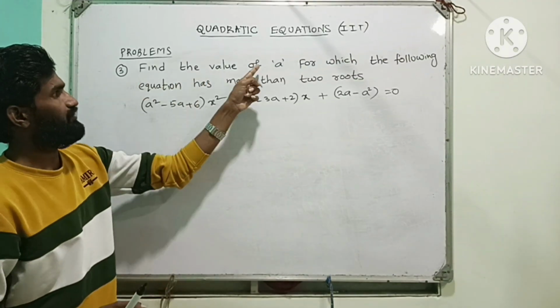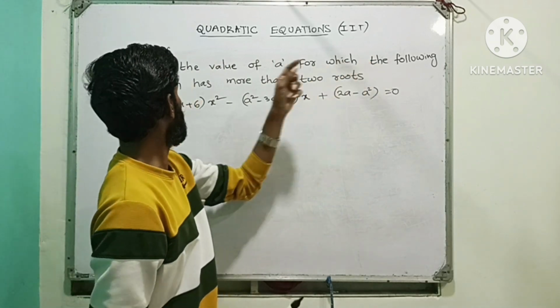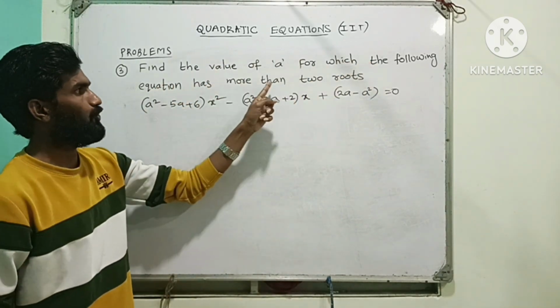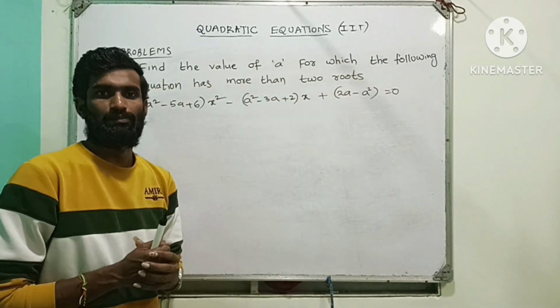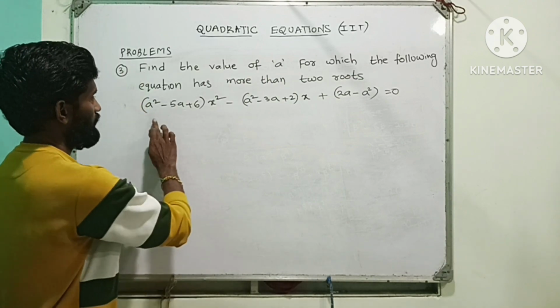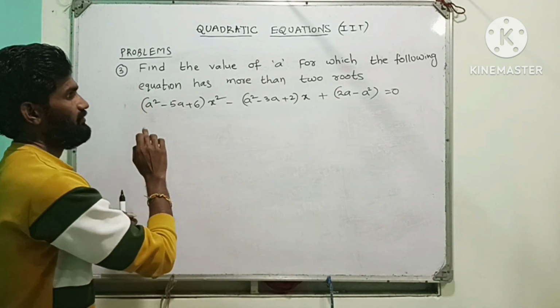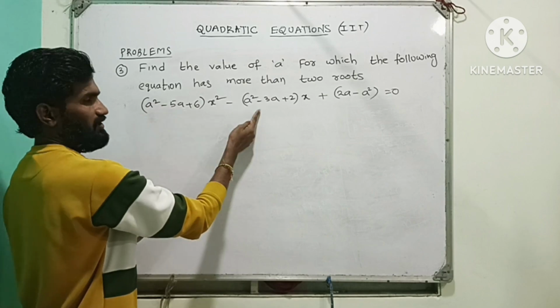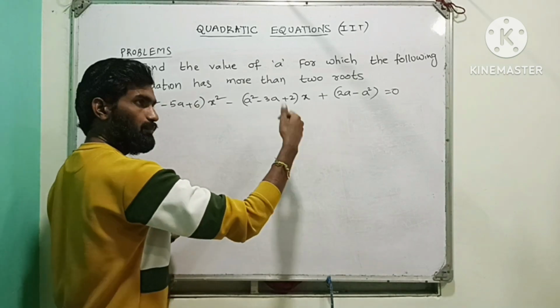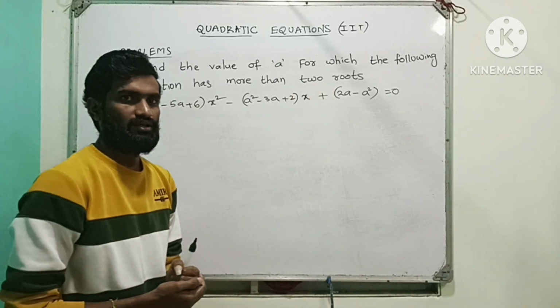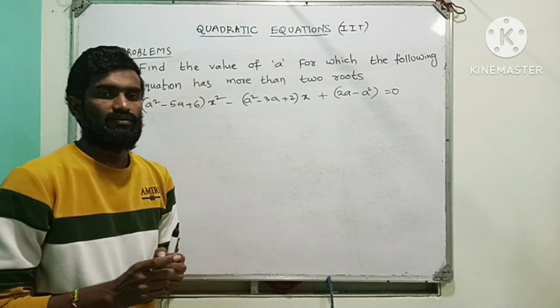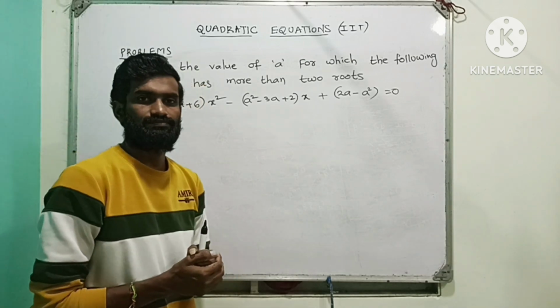Find the value of A for which the following equation has more than 2 roots. More than 2 roots. So for this equation, we need to find the value of A if this equation has more than 2 roots. Already we discussed that.